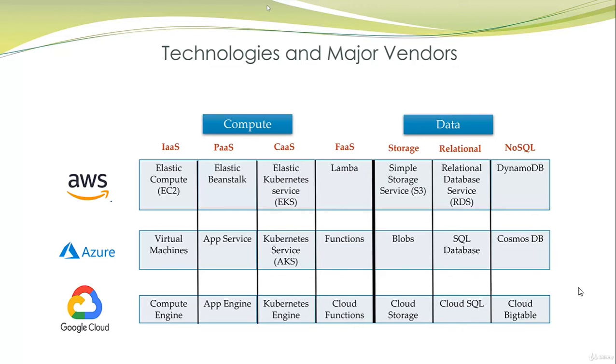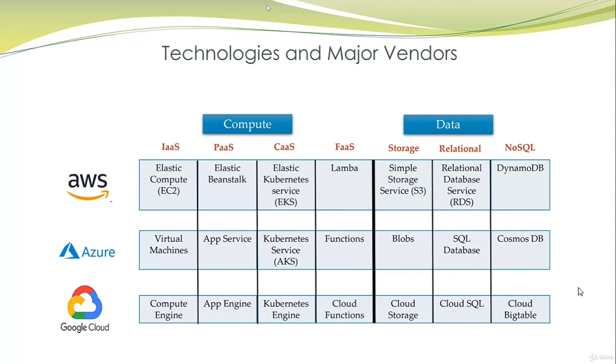The third major vendor in this market is Google with Google Cloud Platform. For IaaS, Google offers Compute Engine. For PaaS, Google offers App Engine. For containers, Google supports Kubernetes Engine. And for serverless computing, function as a service, they offer Cloud Functions.